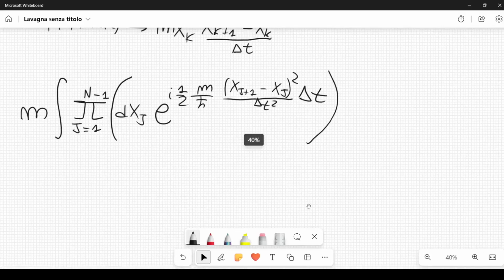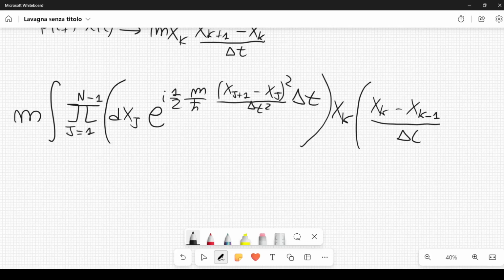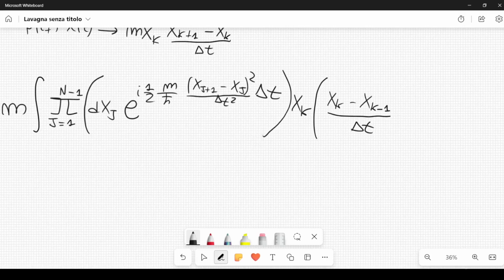Then, remember that we also have x sub k, which multiplies x sub k minus x sub k minus 1 divided by delta t, and then we have minus x sub k plus 1 minus x sub k divided by delta t.